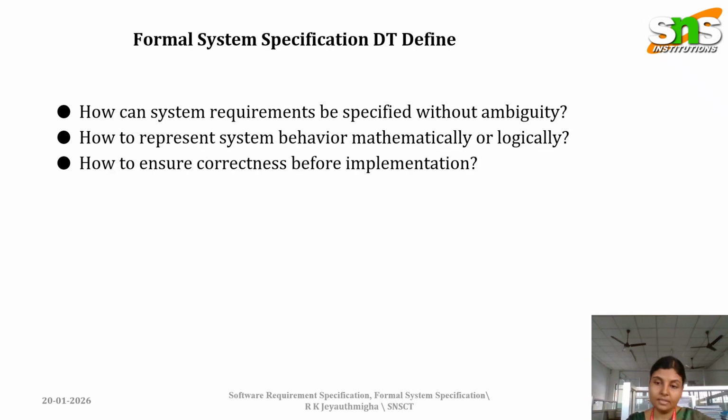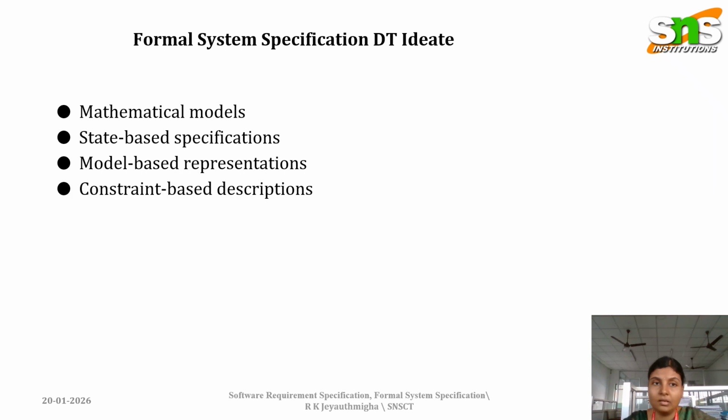So let us define how can system requirements be specified without ambiguity, how to represent system behavior mathematically or logically, how to ensure correctness before implementation. Ideate part. We can do so by using mathematical models, state-based specifications, model-based representations, and constraint-based descriptions.